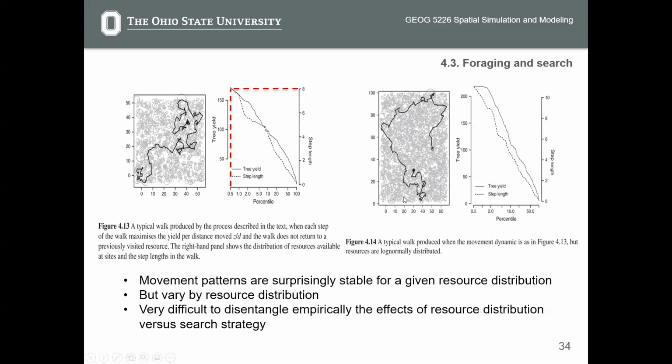Here, we use something called a log normal distribution to decide the amount of resources on each tree. Similarly, we have another panel, and on the left side is tree yield. You can see that the distribution of tree yield now varies in a larger range from 0 to 200.